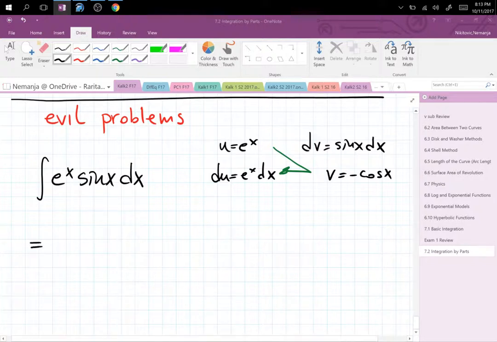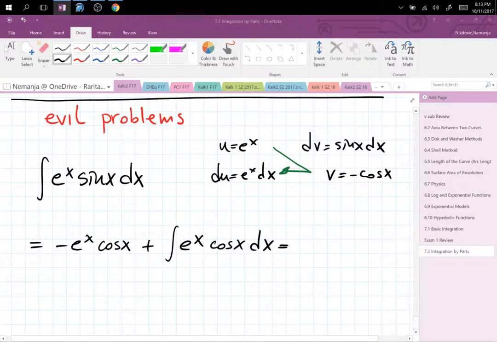So what happens? Negative e to the x cosine x, and then plus integral of e to the x cosine x dx. We made 0 progress, right? If you look at all previous cases, after doing integration by parts, we were in a better position.